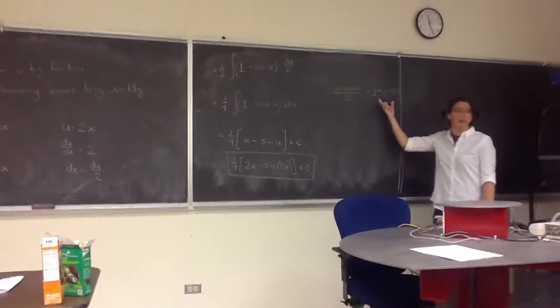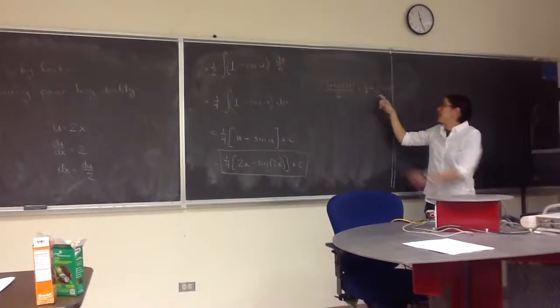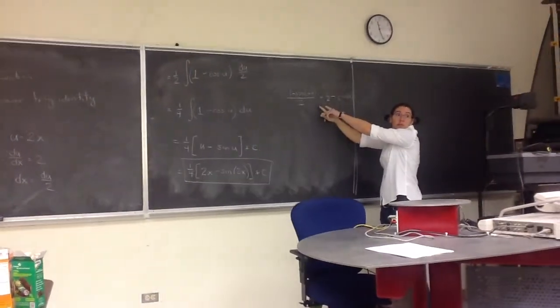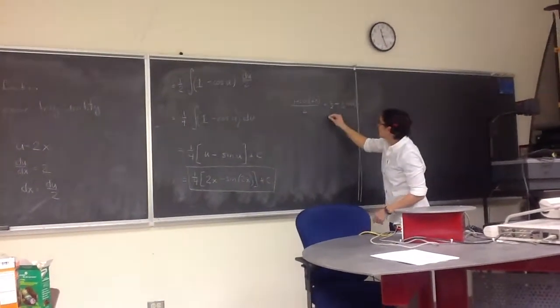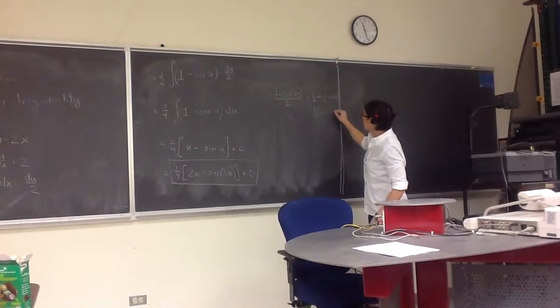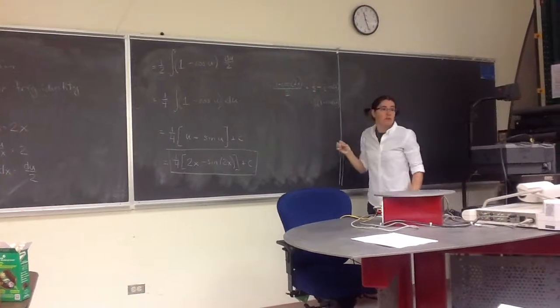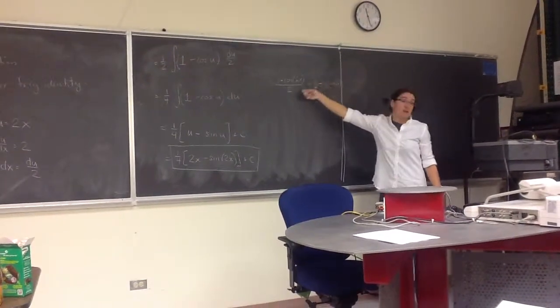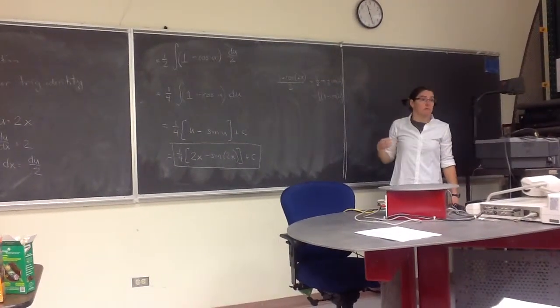So that's another way that I could write this. And what I've done is then factor out the 1/2. If I factor out a 1/2, then I've got 1/2 times 1 minus cosine of 2x. Any of these are legitimate ways to think about writing that down.